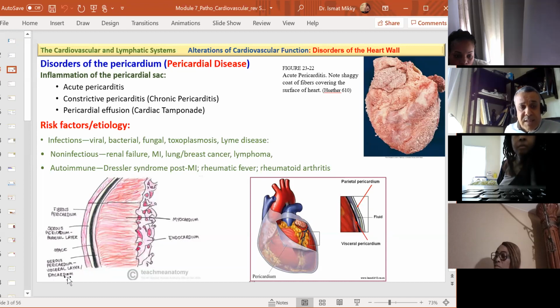I'm sorry, I said endo, no, it's epicardium. This is the endocardium and this is the epicardium. So the epicarditis will be this, and the endocarditis, which is an infection, will be the inner one, the very inner layer inside.